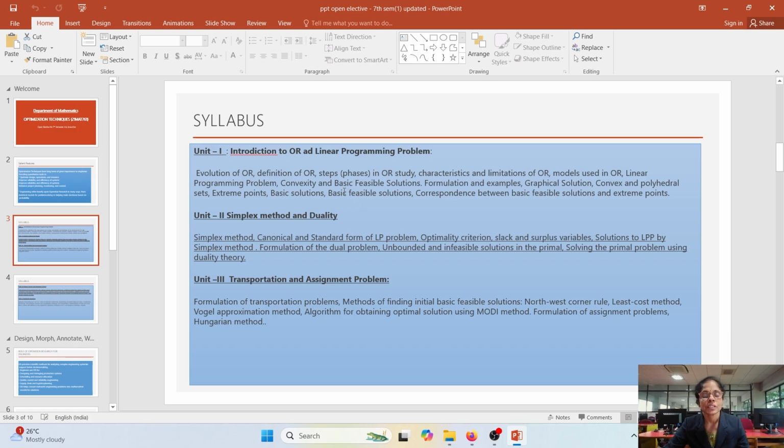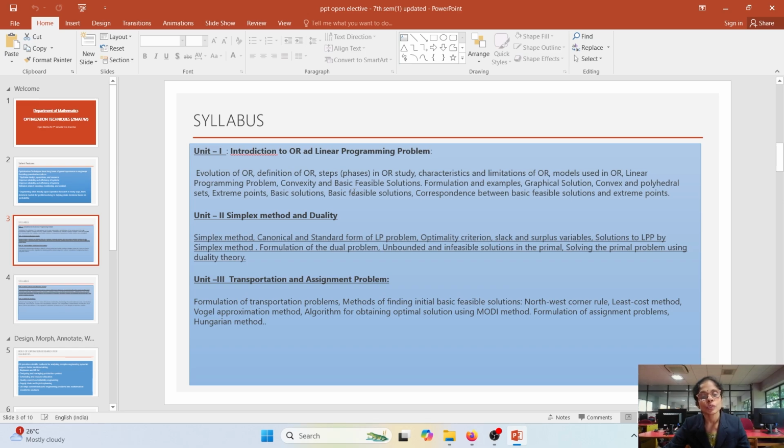Next is the second unit, that is simplex method and duality. In simplex method, we are learning the solution of a linear programming problem with the help of the simplex method, canonical and standard form of linear programming problem, optimality criteria, slack and surplus variables, and solving the primal problem using duality theory.